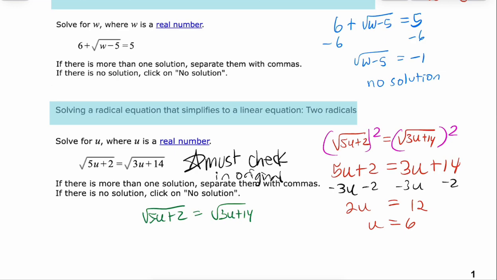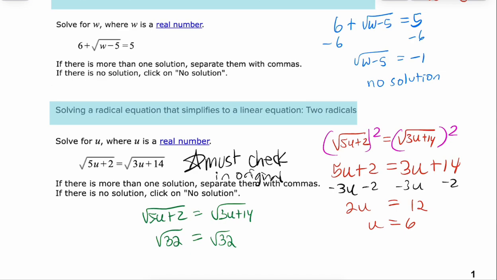And I'm going to see, do I get a correct statement here? Well, 5 times 6 is 30. Plus 2 is 32. So that's the square root of 32. On the right side, 3 times 6 is 18. Plus 14 is 32.